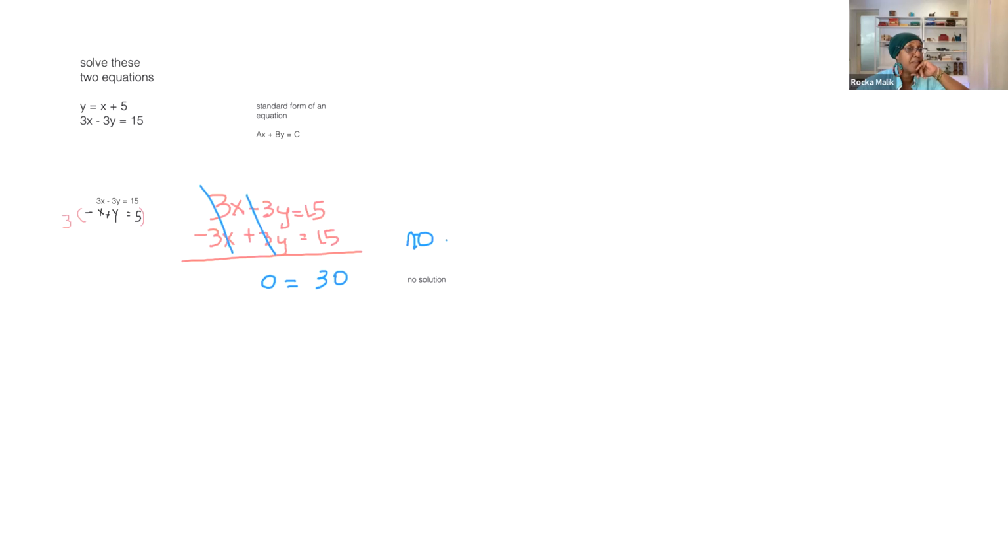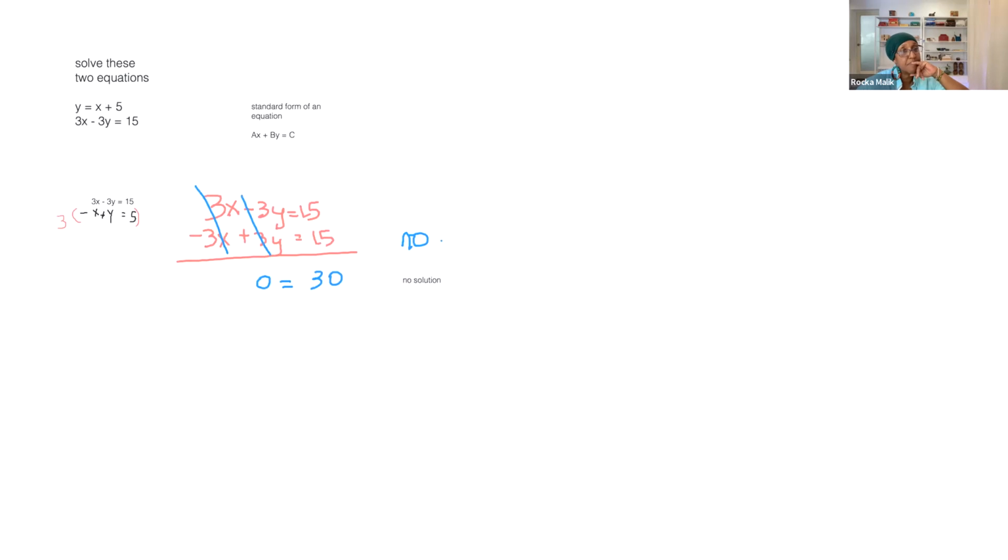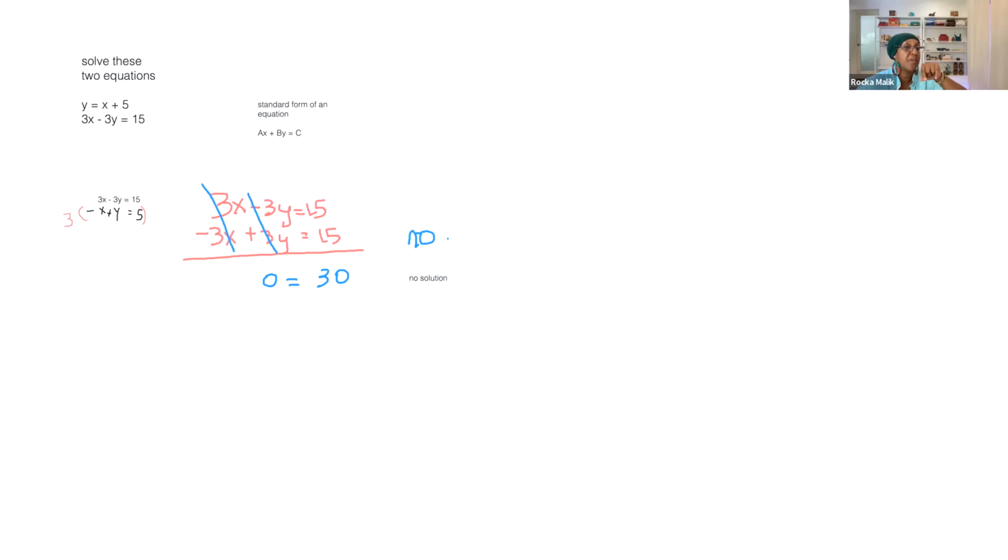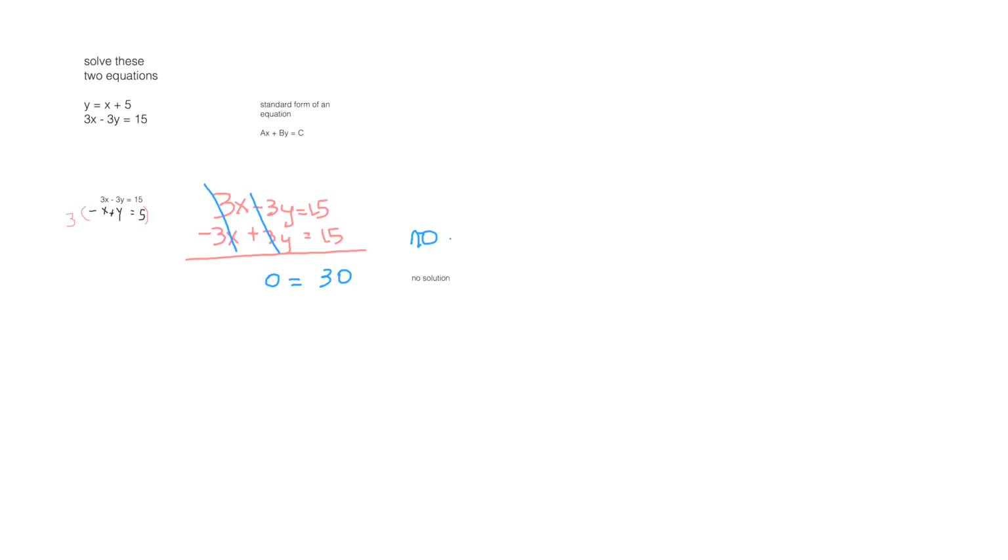Or does it mean that they meet at one point or they never meet? If they met at one point, then we would know the point that they were meeting. So let's write our choices.